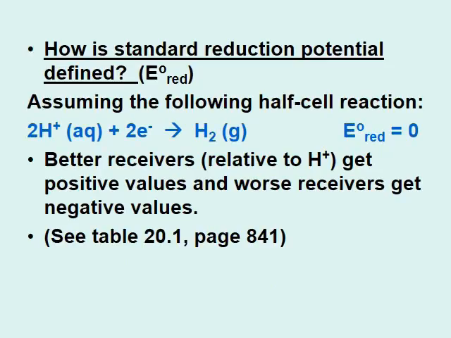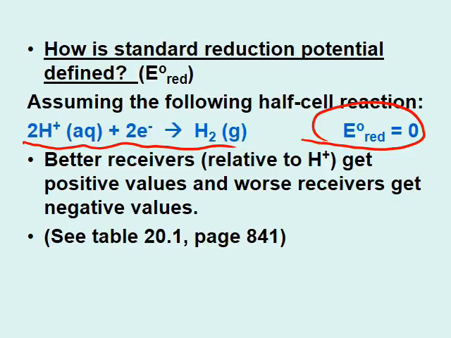Now, since we mentioned reduction potential, what is the reduction potential? I need to better explain that to you. This is all based on this particular scale or assumption. You can say 2H+ plus 2 electrons giving H2. We consider this to have zero value.